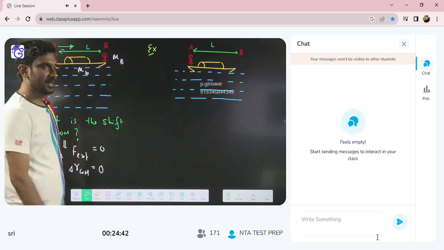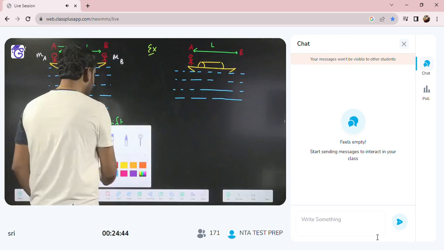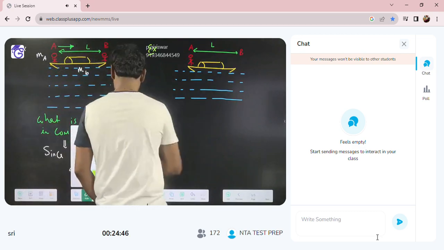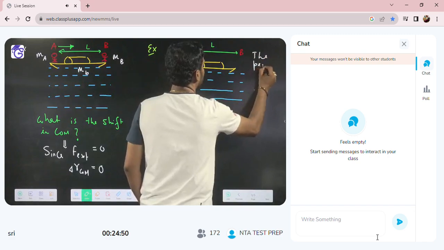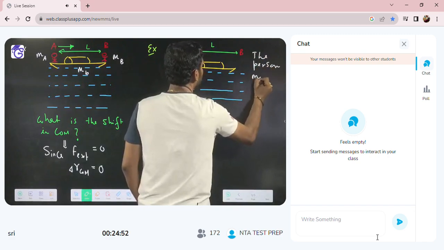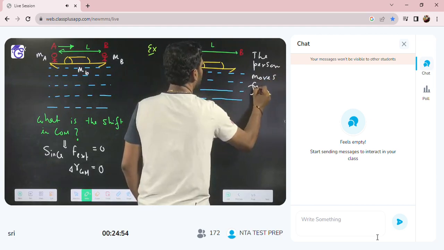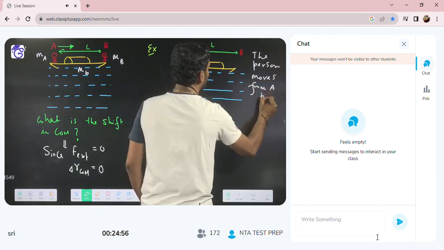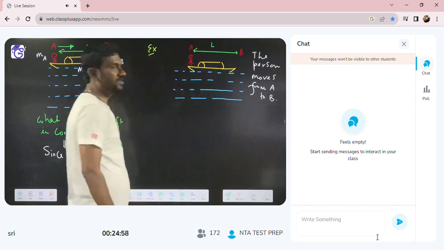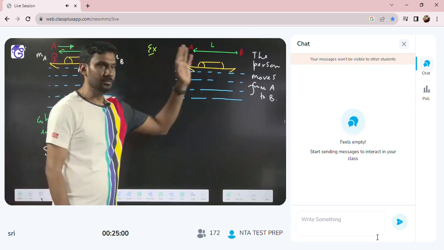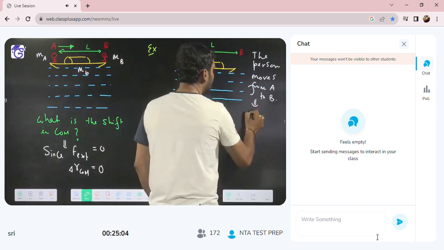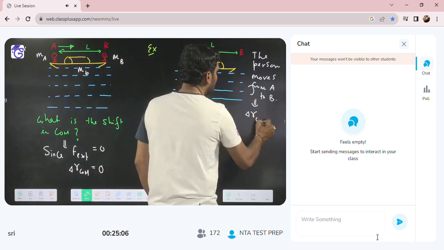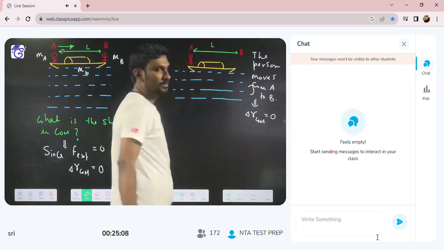So what is said in this question? It is being mentioned that the person moves from A to B. The person moves from A to B. So if the person moves from A to B, without any doubt, delta R of center of mass will be equal to 0.